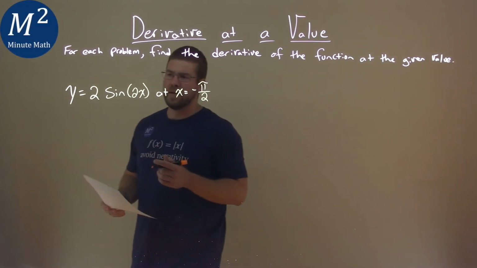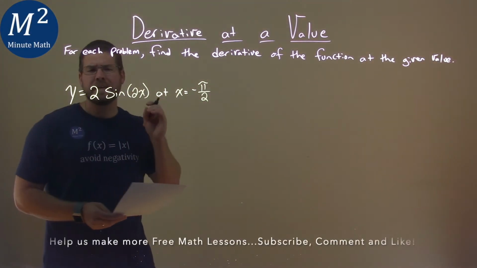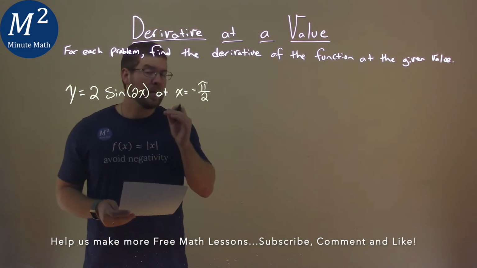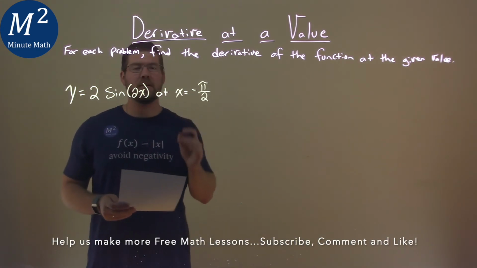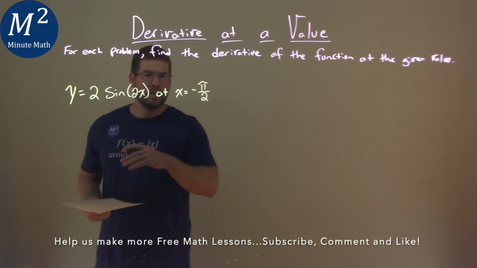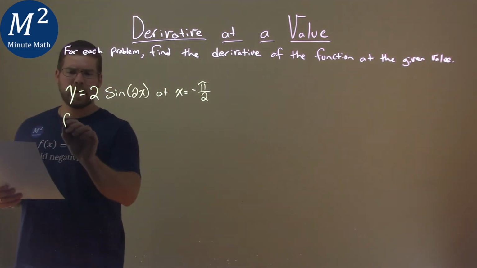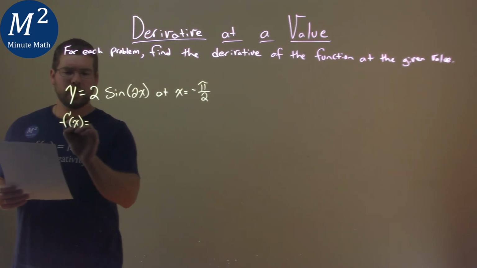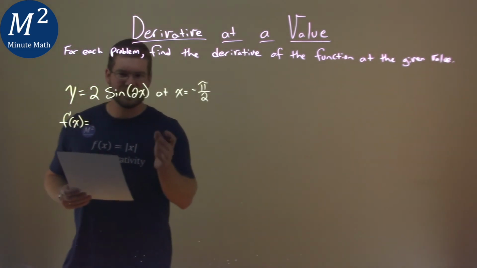We're given this problem right here, y equals 2 times the sine of 2x, and we need to find the derivative of that at x equals negative pi over 2. Well, first let's go find the derivative of our function. F prime of x is equal to, well, the 2, the constant, can just stay out there.